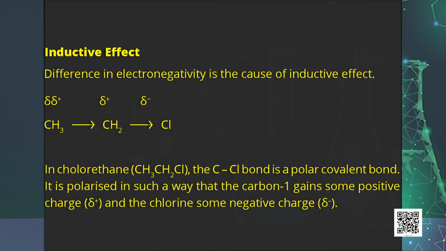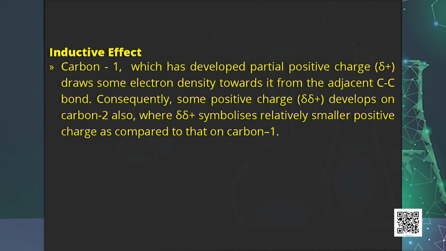It is shown as delta positive charge, and the chlorine atom gains some negative charge, that is delta negative. Carbon 1, which has developed partial positive charge, draws some electron density towards it from the adjacent carbon-carbon bond. Consequently, some smaller positive charge, that is delta delta positive, develops on carbon 2 also. On carbon 2, delta delta positive is mentioned.